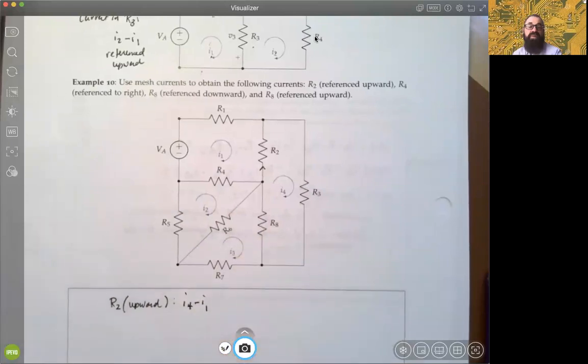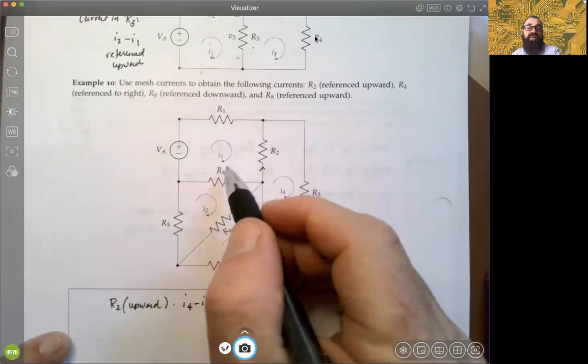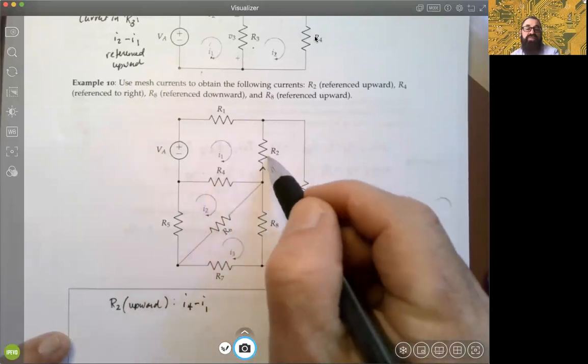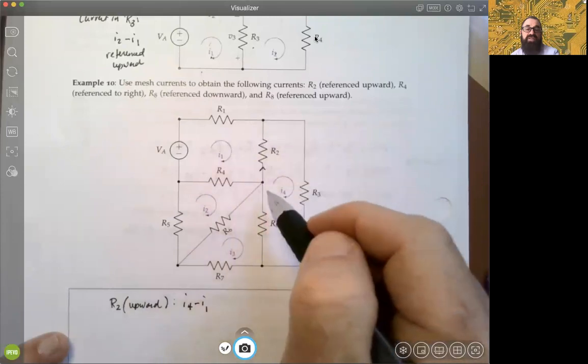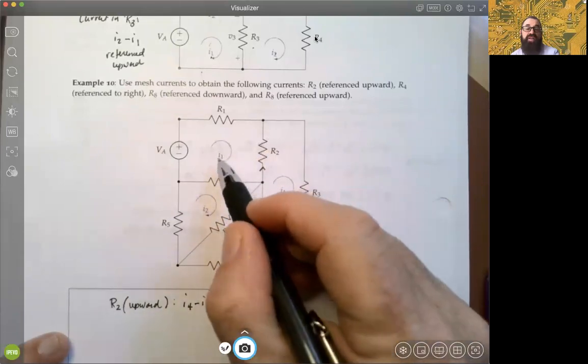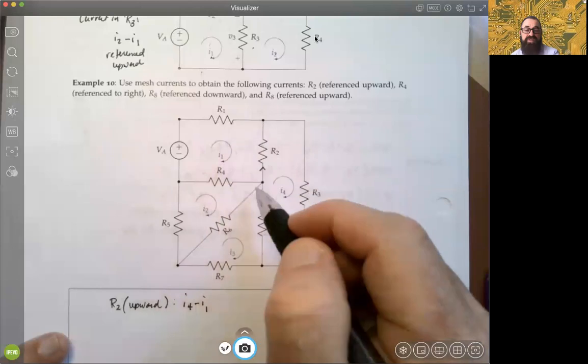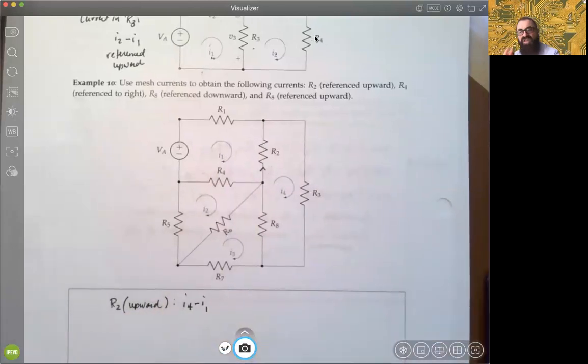So it would be positive I4 and negative I1 again, because another way of looking at it is if the reference of the current is upward, which one is in the same reference direction? I4 is. I1 is rotating in a way that it opposes that arrow, okay?